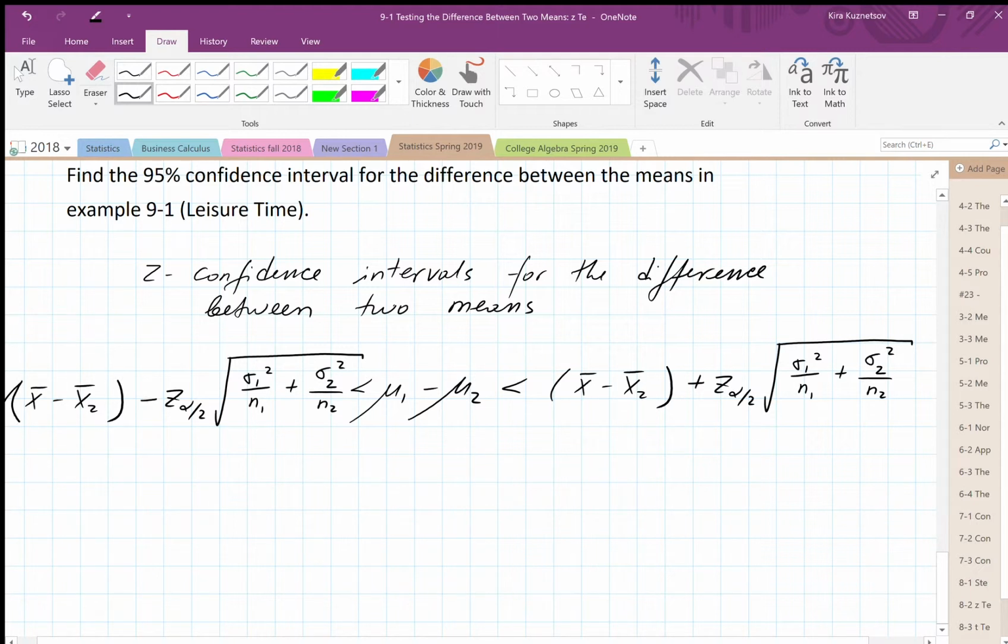Okay, so this is the formula that is programmed under a two-sample Z interval. This is the formula.